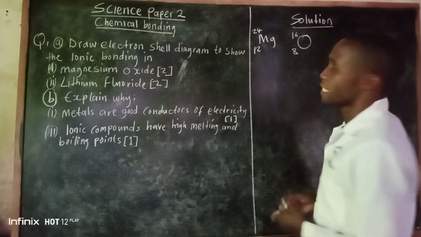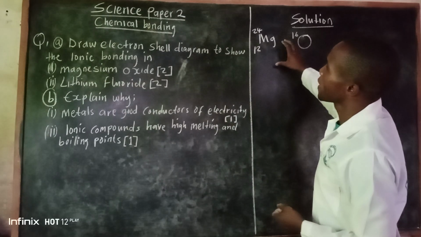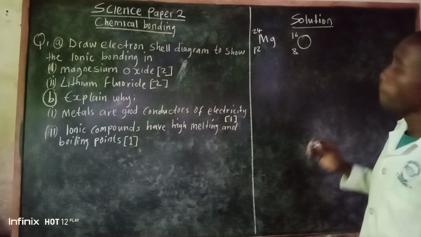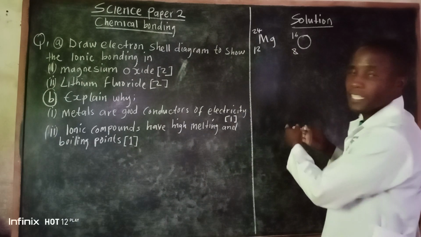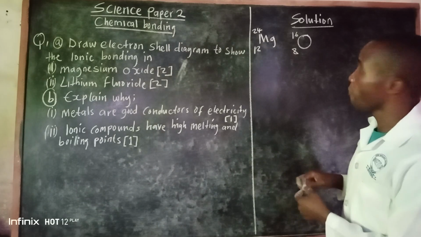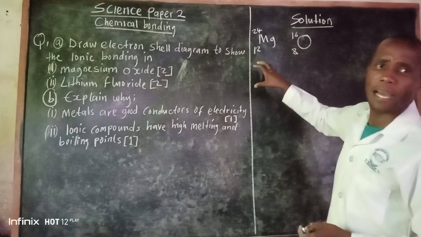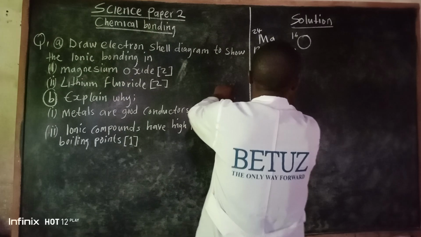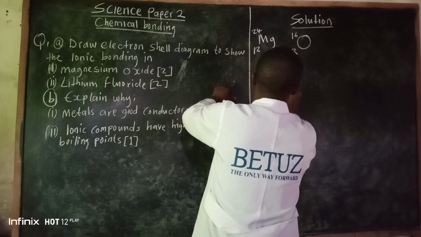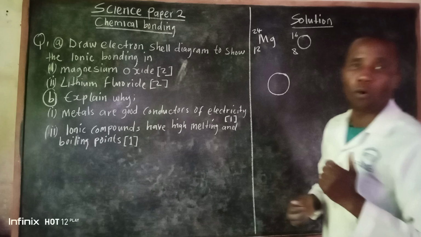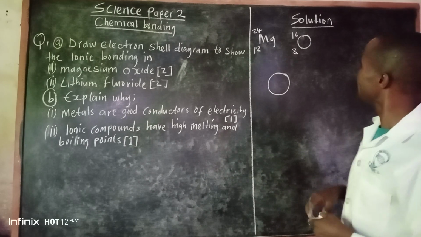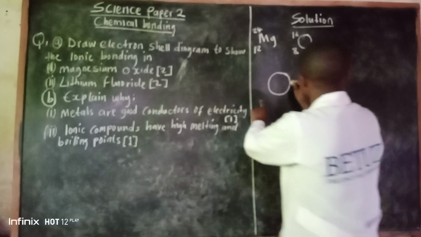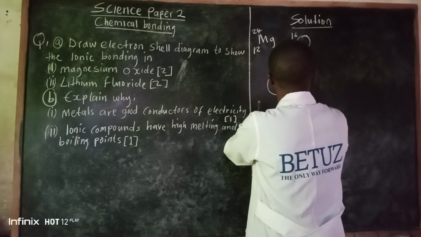Now let us see how we can write the electron shell diagram. We are going to start with magnesium. When writing the electron shell diagram, we always consider the atomic number, or the proton number. So let us start. The first shell always contains how many electrons? 2. So the first one contains 2 electrons.